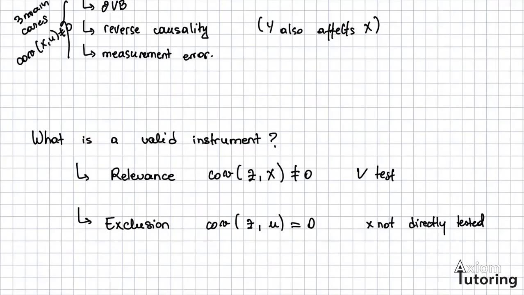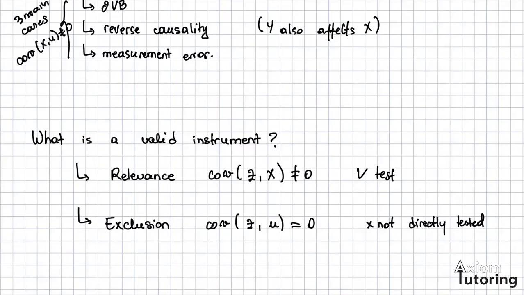Why and how can we defend the exclusion restriction? Keep in mind, since exclusion cannot be tested directly, researchers defend it using either institutional knowledge, timing, where Z is determined before Y, natural experiments, where Z is plausibly random, or placebo tests.